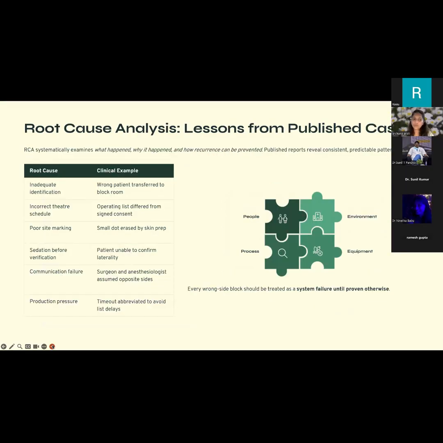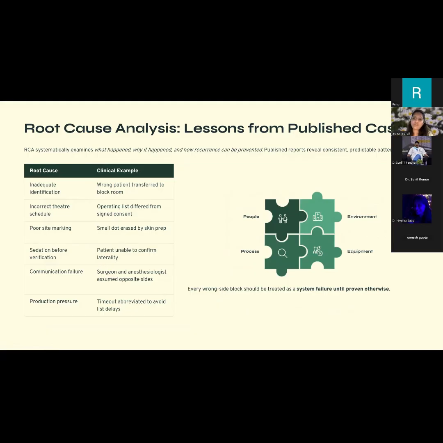If we go through a root cause analysis, systematically examining what actually happened, why it happened, and how recurrence can be prevented, several published reports reveal consistent, predictable patterns. Every wrong side block should be treated as a system failure until proven otherwise.